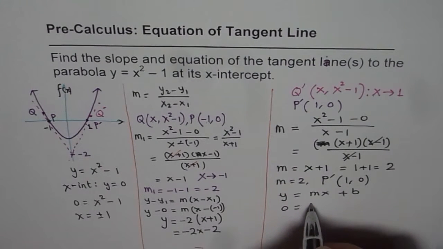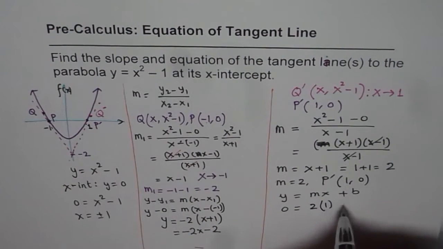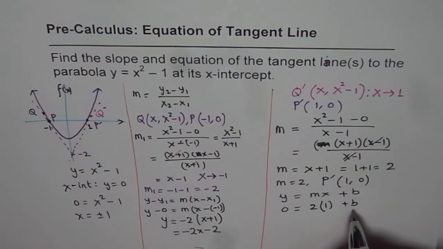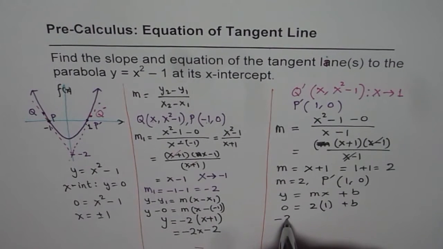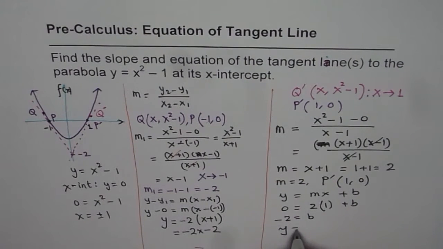So we have 0 equals 2 times 1 plus b, right? From here we get the b value, which is the y-intercept, which is minus 2. So minus 2 equals b, and therefore the equation of the line is y equals 2x minus 2, right? So that is the second equation. In this way we get the equation of both the lines.